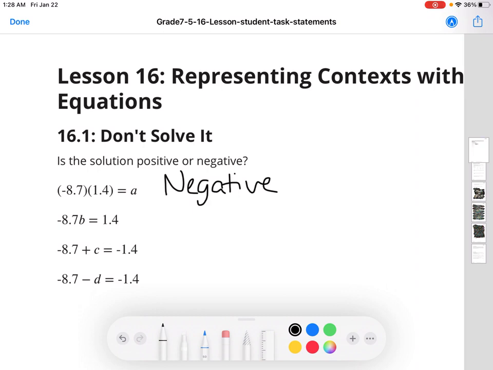Negative 8.7 times B equals 1.4. B would be negative. Negative 8.7 plus C equals negative 1.4.